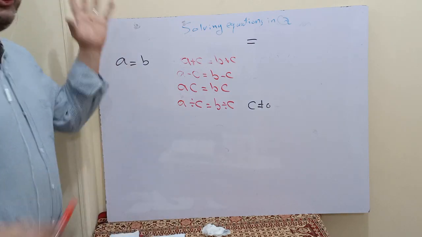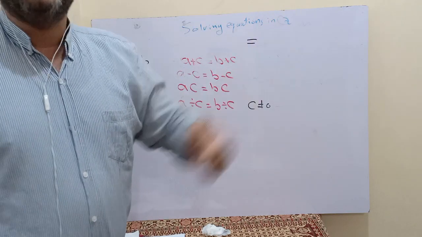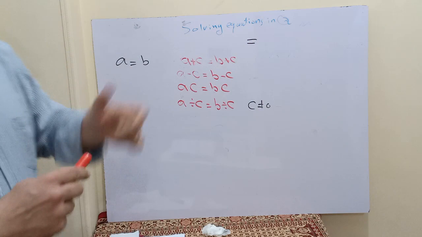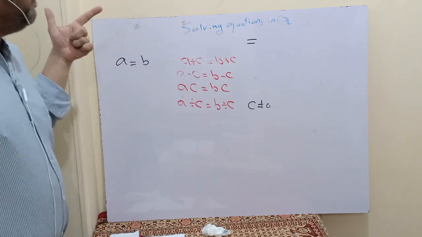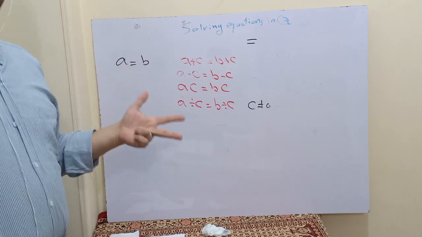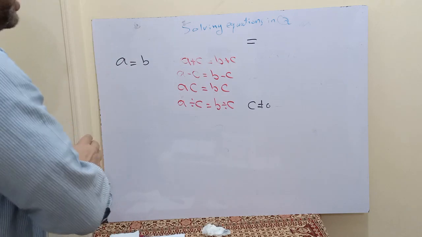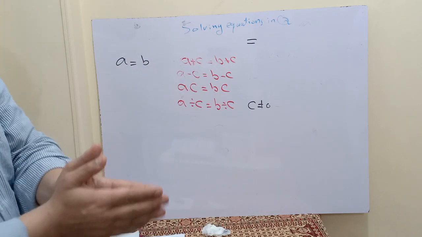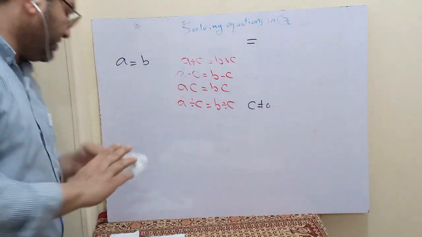So if we have two equal numbers, we can add a constant number to both sides, subtract it, multiply by it, or divide both sides by it, where this number must not equal 0.